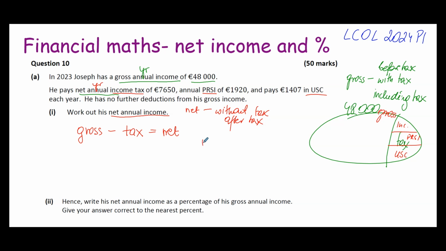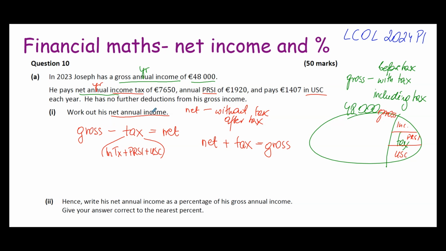Or the other way around: we have the net value, we add tax to it, and therefore we have the gross value. The only difference here is that this tax will be three types: income tax plus PRSI plus USC. So three types of taxes added together, taken away from gross.